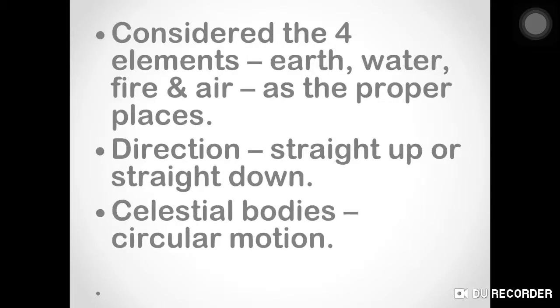So celestial bodies have their natural motion as well, which is the circular motion. Nakakita na ba kayo ng celestial body na ang motion is vertical or horizontal? So when we say celestial bodies, what are celestial bodies? Celestial bodies are the bodies or the planets. For example, they are the celestial bodies. So ang motion ng planets natin is circular.